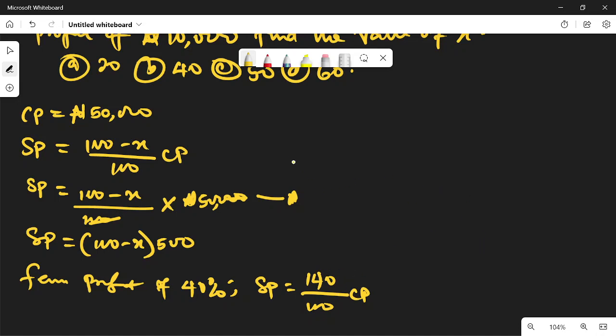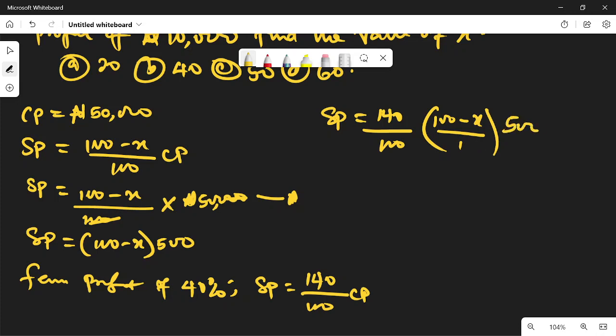If that should be the case, we can now find the value of X. Remember, the selling price we have here is the cost price for Femi. So that will be 140 all over 100 multiplied by the cost price for Femi, that's (100 minus X) all over 1 multiplied by 500.